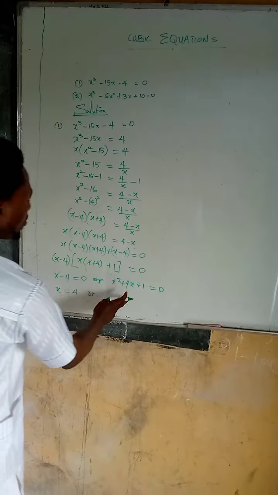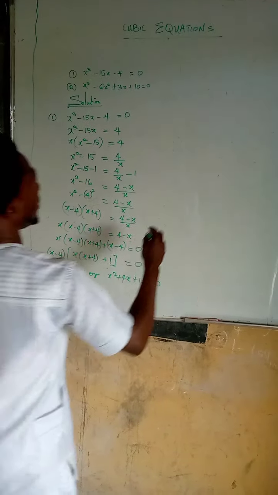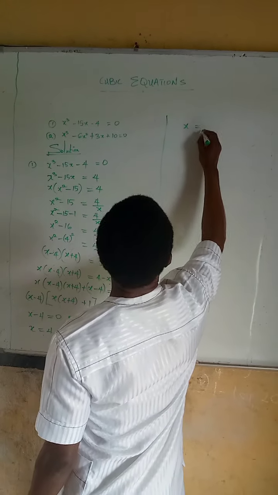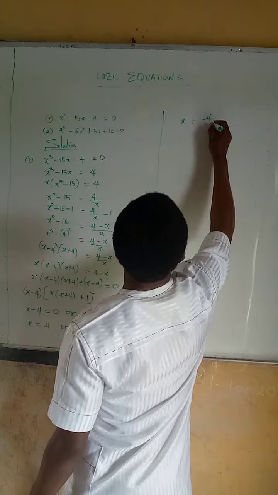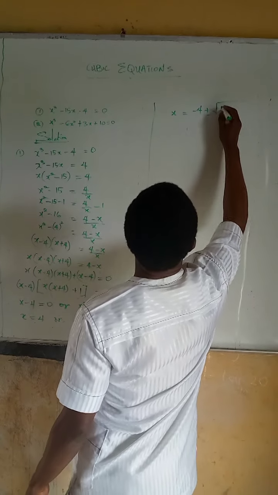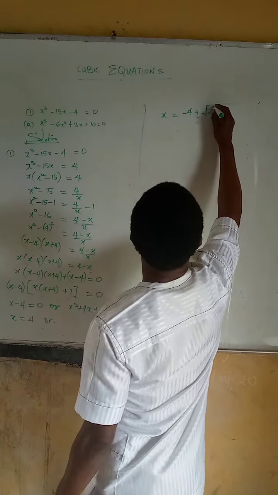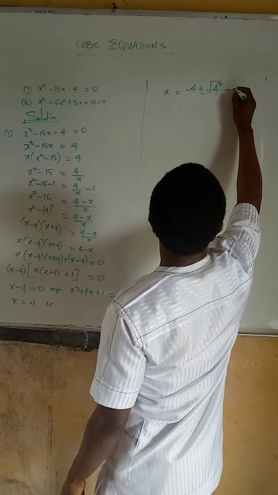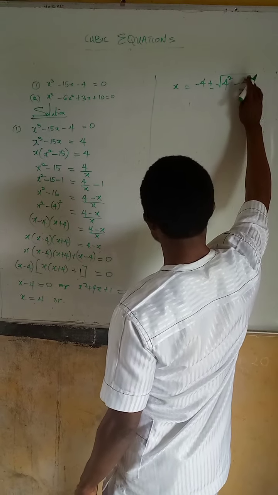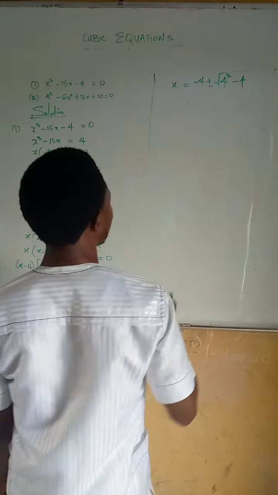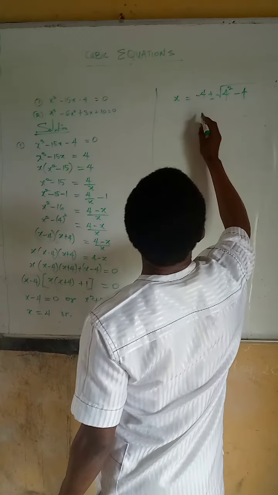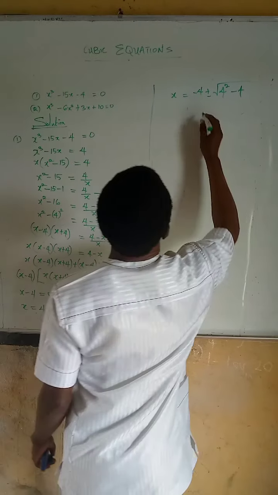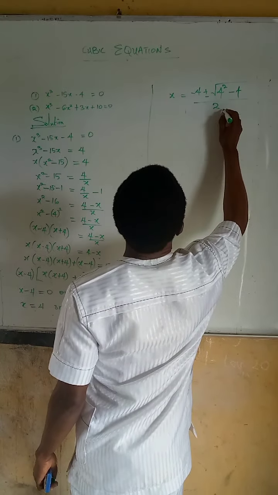Or when you solve this with the quadratic formula, then we have something like this. We have x equals minus b, that's minus 4, plus or minus the square root of 4 squared minus 4ac, that is 4, all over 2a, that's 2.